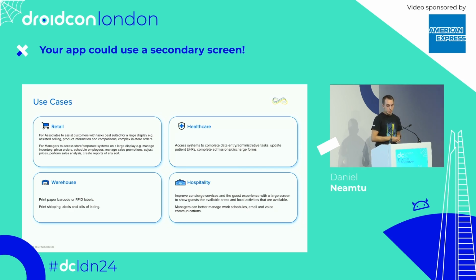Healthcare, same situation also here. We have use cases where, for example in hospitals or clinics, the operators can use it to access systems, so they can complete data entry at admissions and also discharge forms.